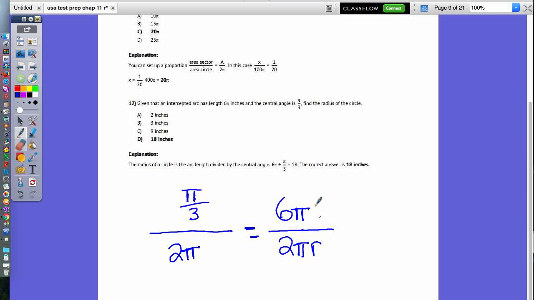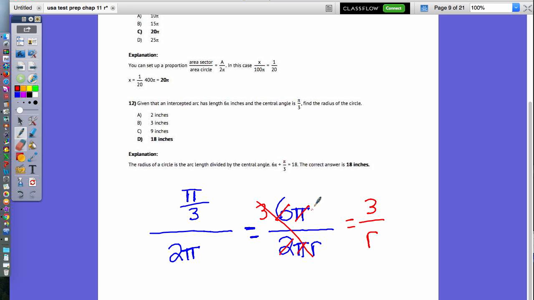So part of the circumference, total circumference. Here I can simplify this, and I can divide out these pi's, and 6 divided by 2 is 3. So I end up here with 3 on the top and the radius on the bottom. So I've simplified 6 pi divided by 2 pi r.